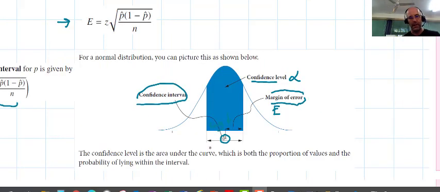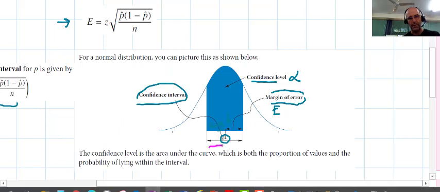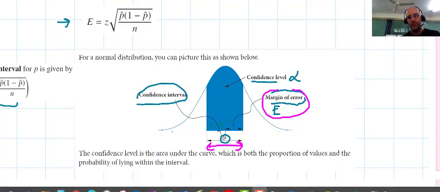Alright, so once again, we have our confidence interval, which is made up of two lots of the margin of error, either side of the mean, or p hat, and the area under the curve is the proportion of all the values, and that is called the confidence level alpha.